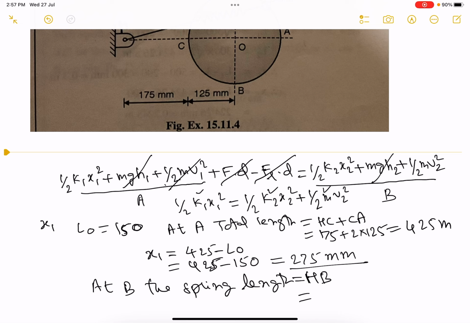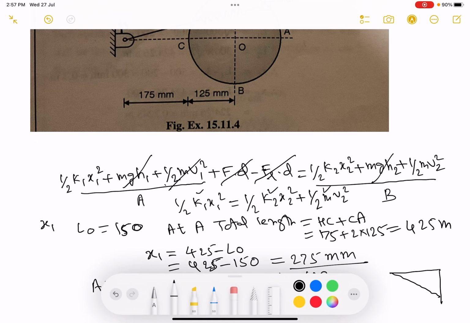So I'm drawing this here. Here it is O, here it is B, and here it is H, right?